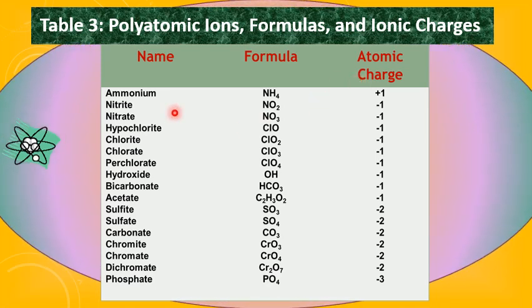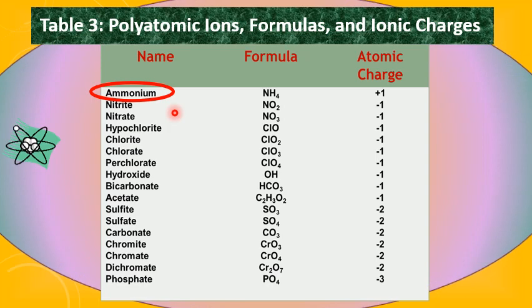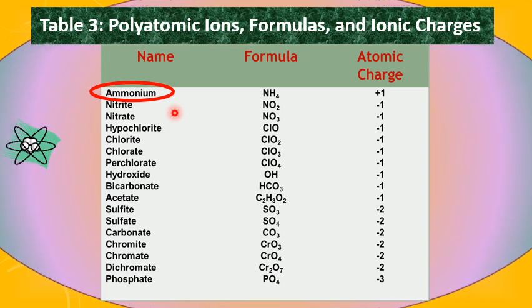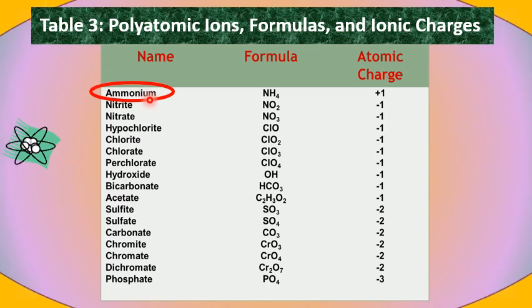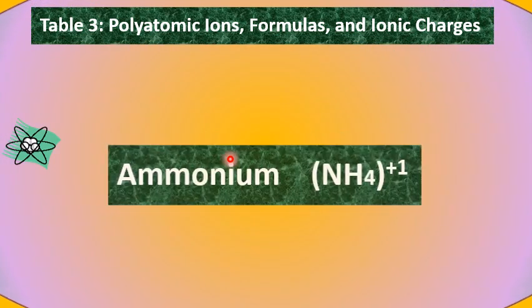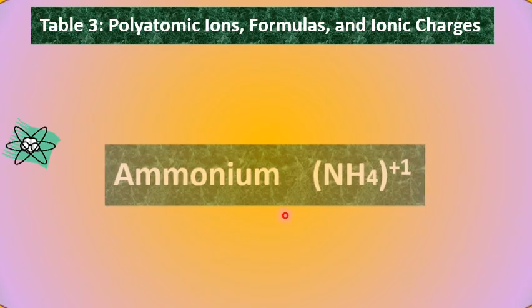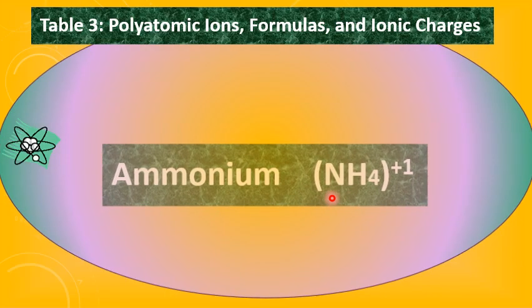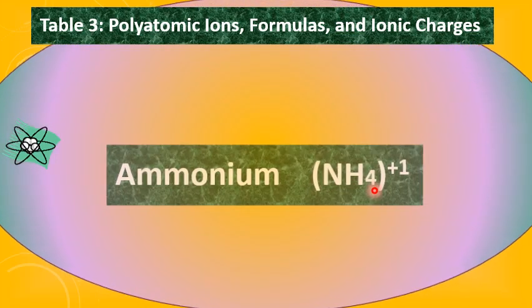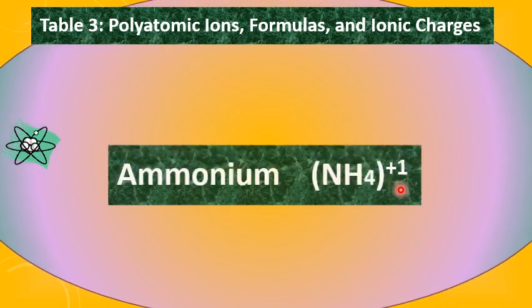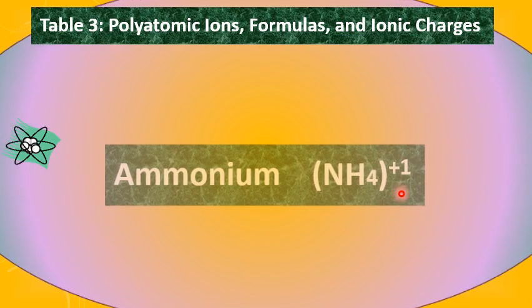So just to highlight some of them, we have ammonium, a polyatomic ion, the formula of which is NH4, and its oxidation number is +1.